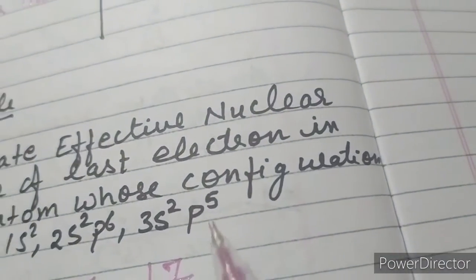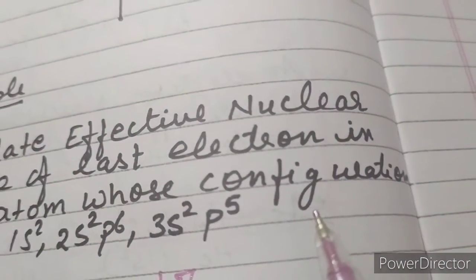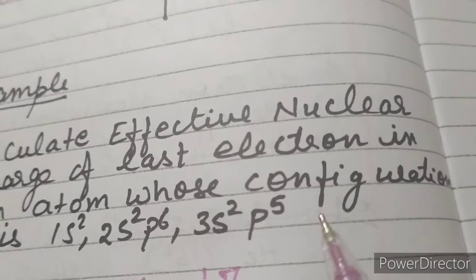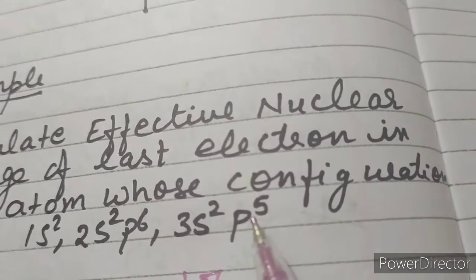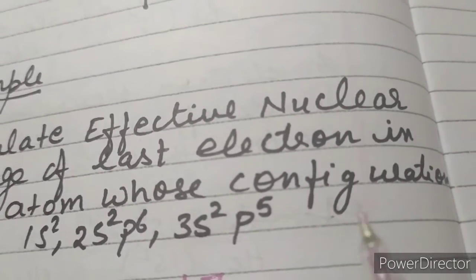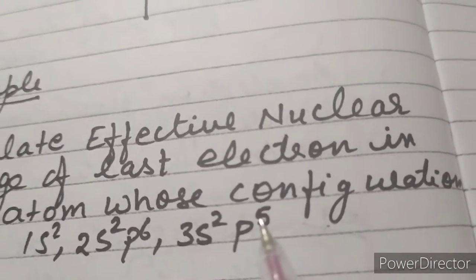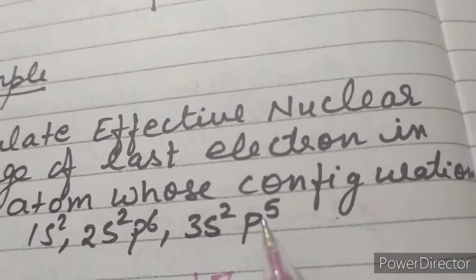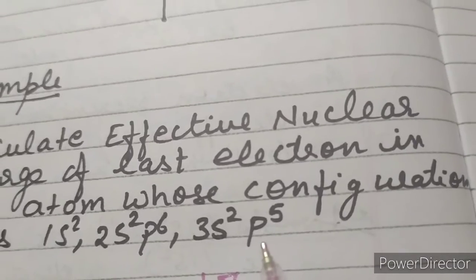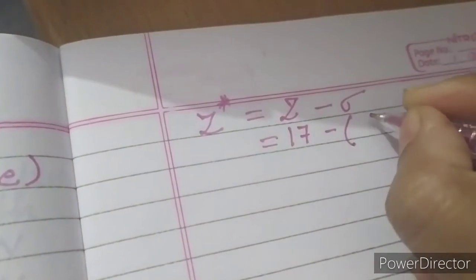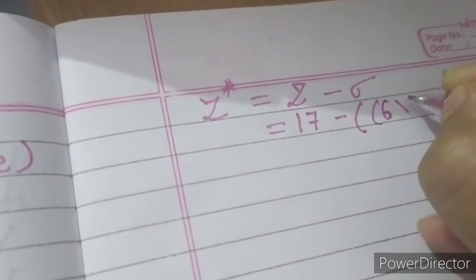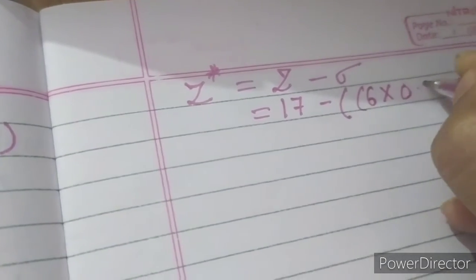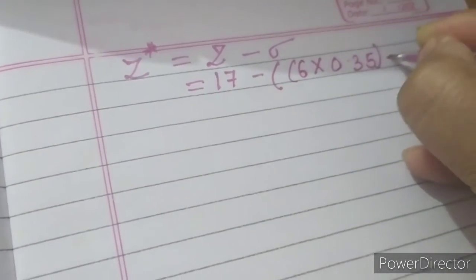Now let's see the contribution. Here, for the electrons outside the group, no electron is available outside the chosen one. The last electron of p we have chosen, so no orbital is outside, so it will be 0, we will not write it. Here, out of 7 electrons, 1 electron I have chosen, so the remaining will be 6 electrons, and the contribution for each will be 0.35. So we will write here 6 into 0.35 plus.